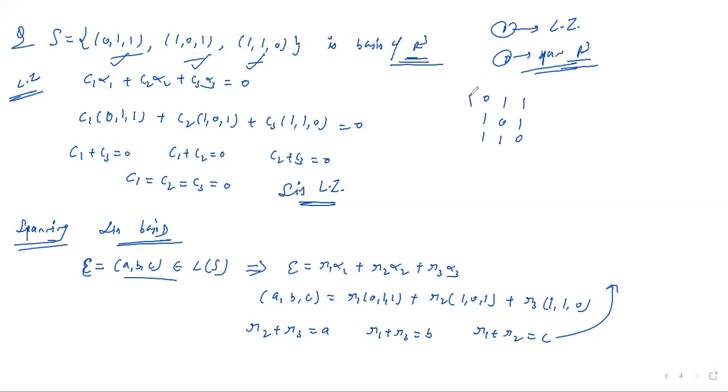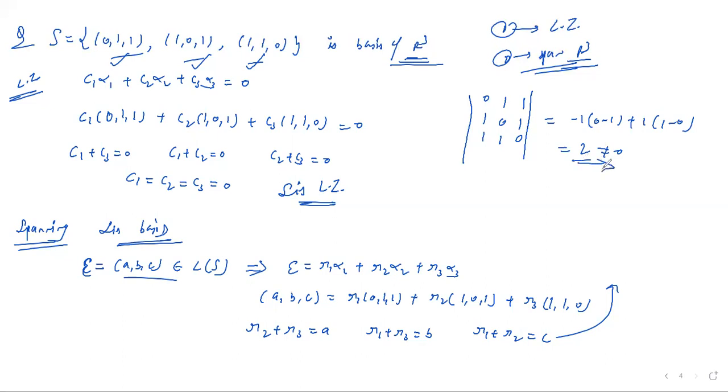We'll just apply the Cramer rule here. We have studied the Cramer rule previously. If I take the determinant of this, it gives me minus 1 plus 1 plus 1, which is 2. My determinant is 2, which is not equal to 0.